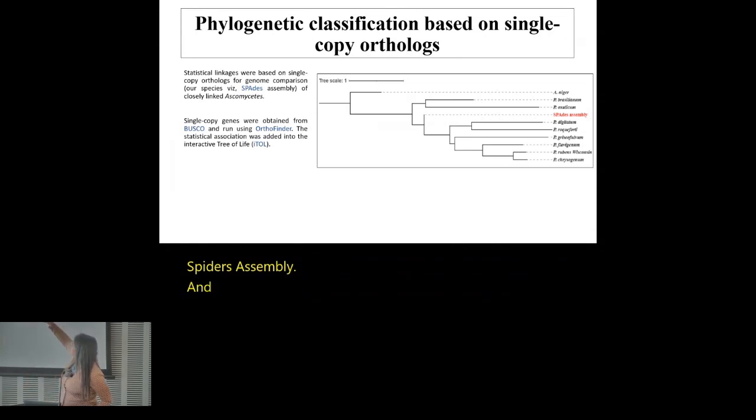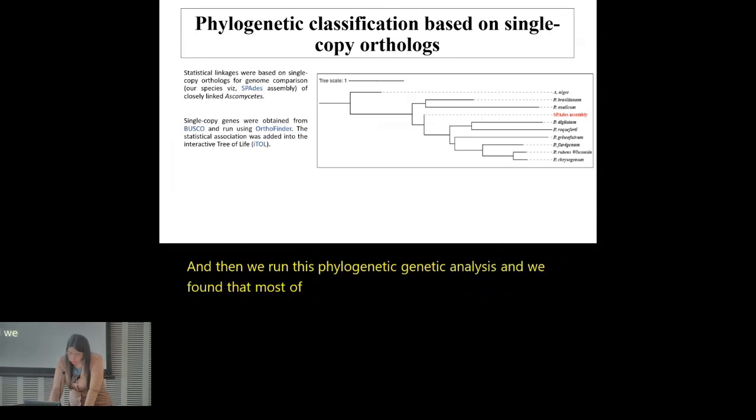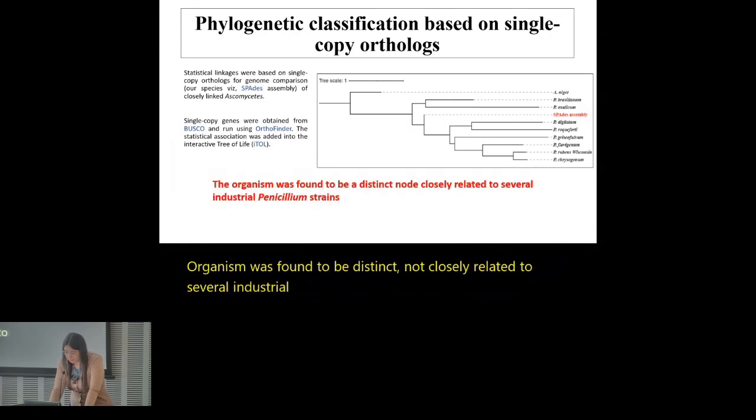We ran this phylogenetic analysis, and we found that most of the Penicillium organisms are closely associated with our newly found organism. The organism was found to be distinct, not closely related to several industrial Penicillium strains.